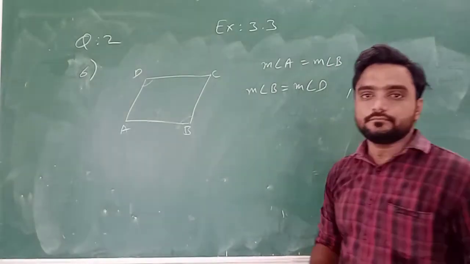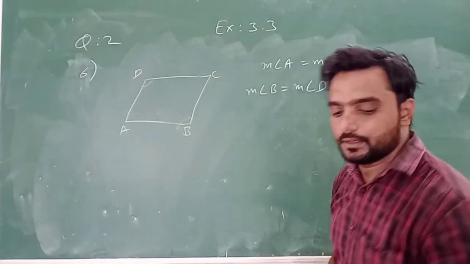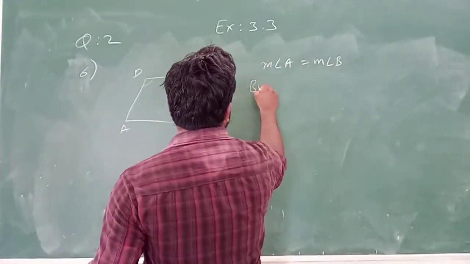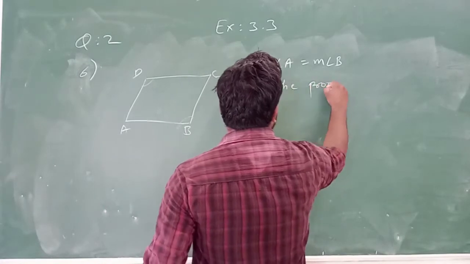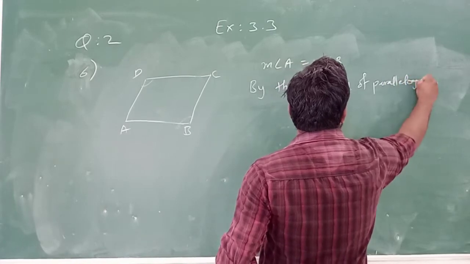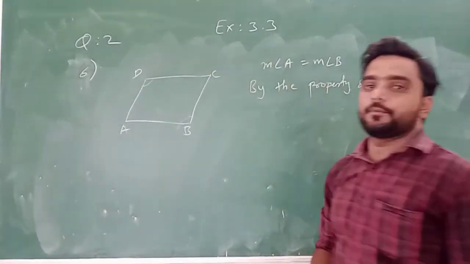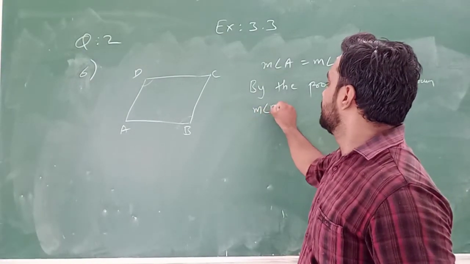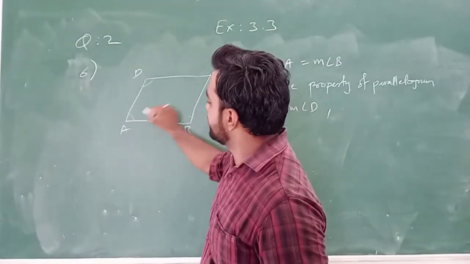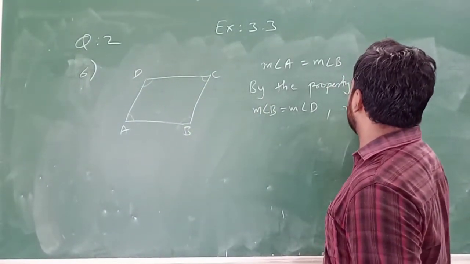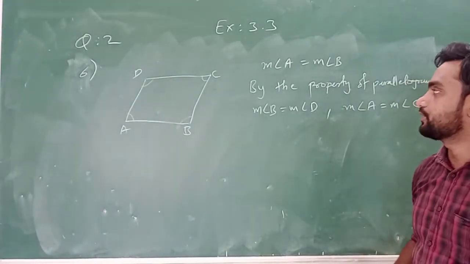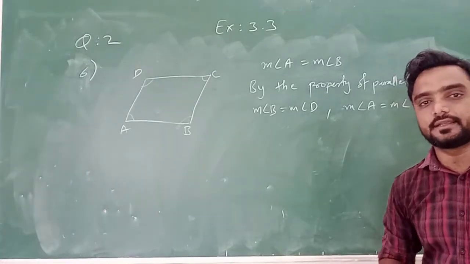First thing from the properties of a parallelogram, okay, I can write it as by the property of parallelogram, measure angle B is equal to measure angle D. Okay, and another thing, these two are the opposite angles A and C. So I can write that measure angle A is equal to measure angle C. इसका मतलब देखो कि यहाँ चारों चार एंगल्स का मेजर कैसा रहता है? इक्वल रहता है.